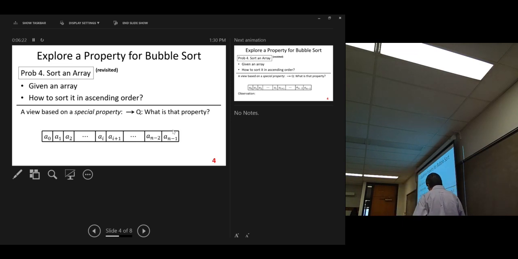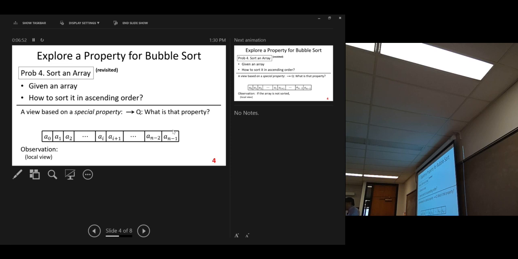Let's look at this diagram. Try to examine this array, given an array like this. Let's do some analysis. What kind of observation do we have on it? This time we take a local view. Sometimes we take a local view, sometimes we take a global view.